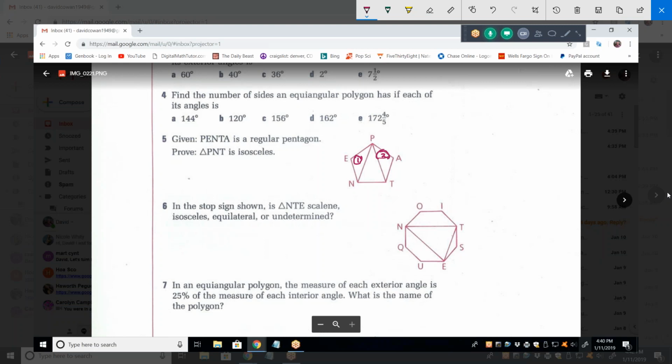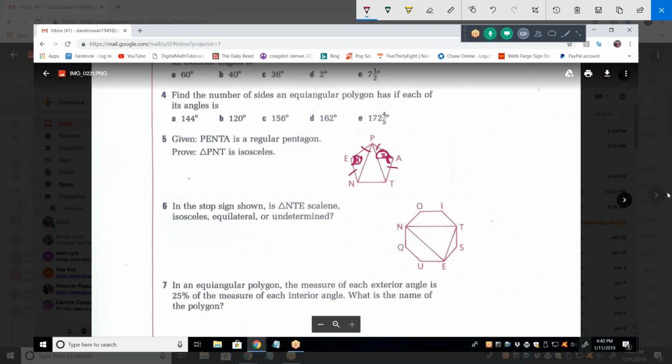So let's work on proving triangle 1 is congruent to triangle 2. Why? Well, we know that EN is equal to AT and PE is equal to PA. And we also know that angle PEN and PAT are equal because it's a regular polygon.